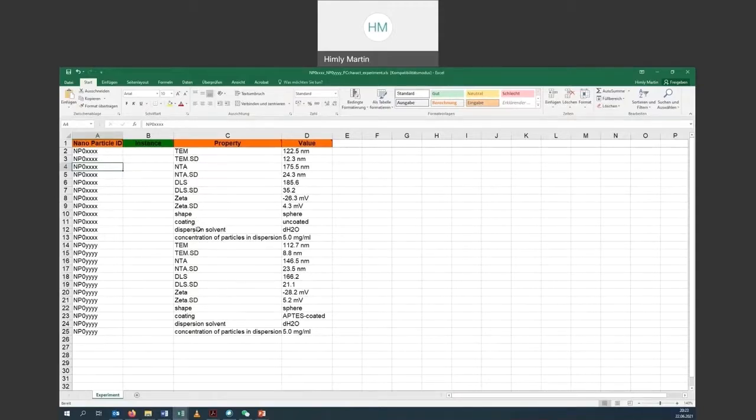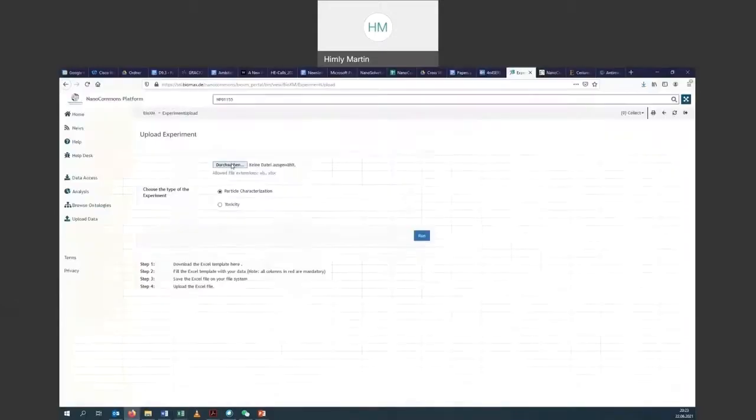You can also give input for shape, like the sphere here, or for coating. It's an uncoated silica particle versus the other one being, for example, coated. Different values, zeta potential values. Okay, and this data set you then upload into the database.